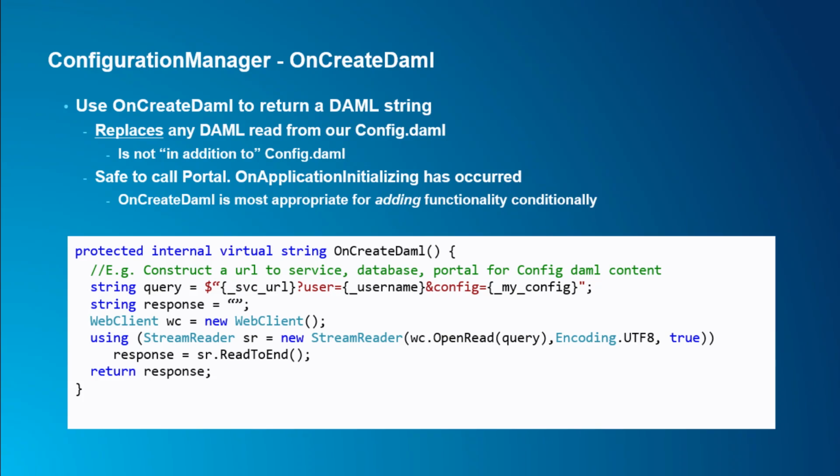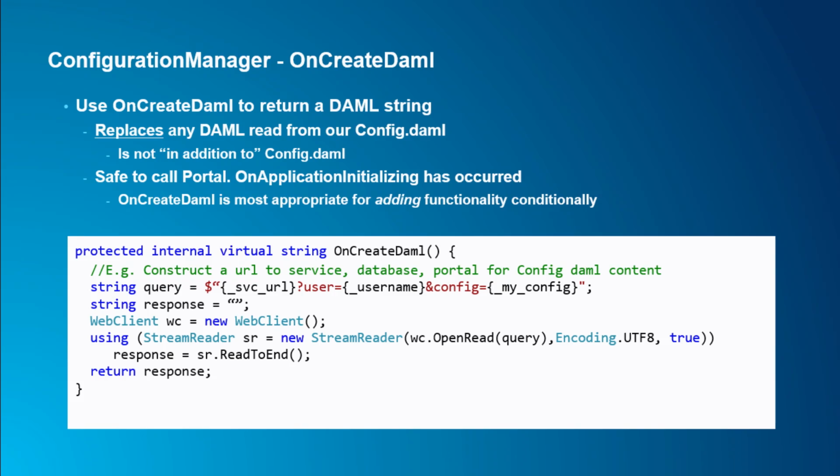The user logs in, and depending on some characteristic of that user, we want to switch out the DAML that's being returned. In this particular case, I'm just showing some pseudocode where I've got some kind of web service. I have the username and then some name of the configuration, and I'm streaming back to the client a config.daml that I'm returning to Pro.